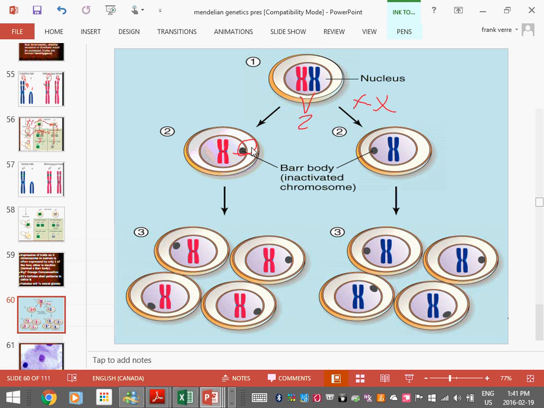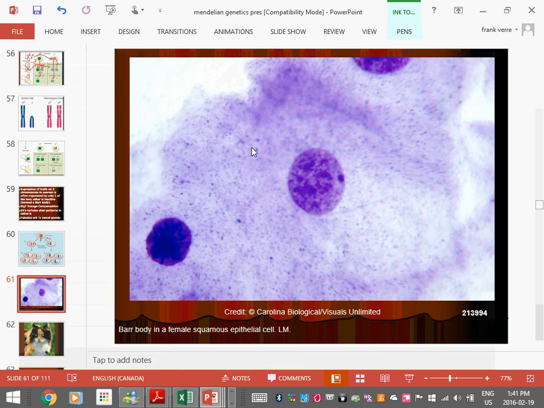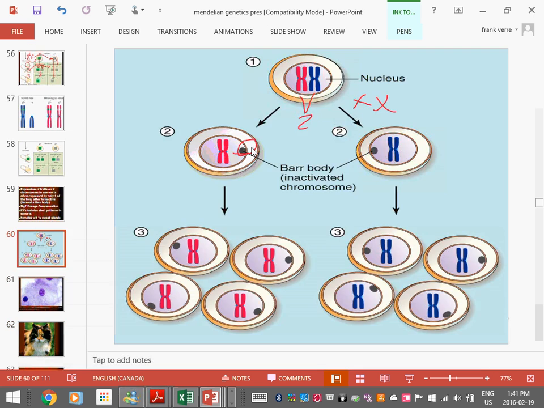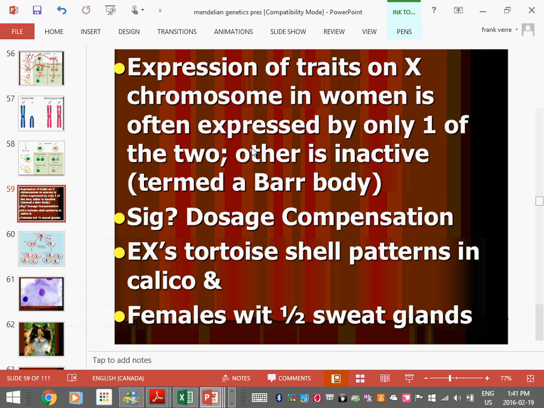So in one part of your body, you could have 1 X chromosome that's disabled, and in another part of your body it could be the other X chromosome that is turned off. Now, this is important because, first of all, it explains something really interesting that we could see in females.